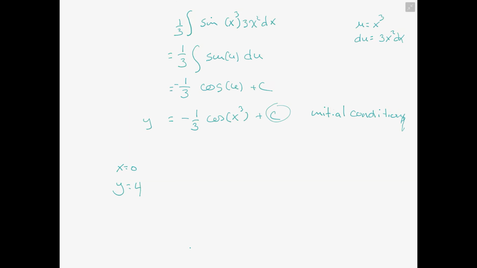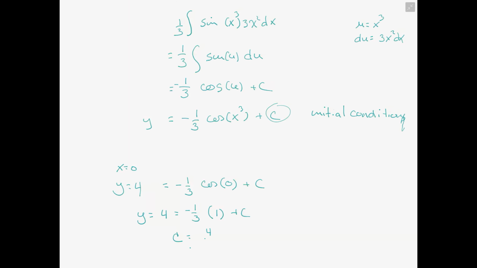So, for example, if we said that at x equals 0, y equals 4, then we'd have y equals minus 1/3 cosine of 0 to the third, so cosine of 0, plus c, and y equals 4 equals minus 1/3 times 1 plus c.